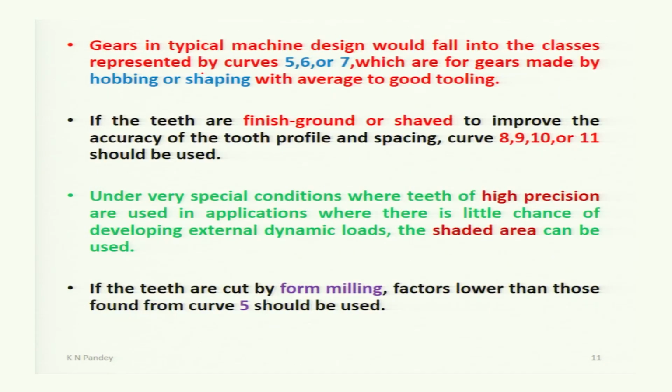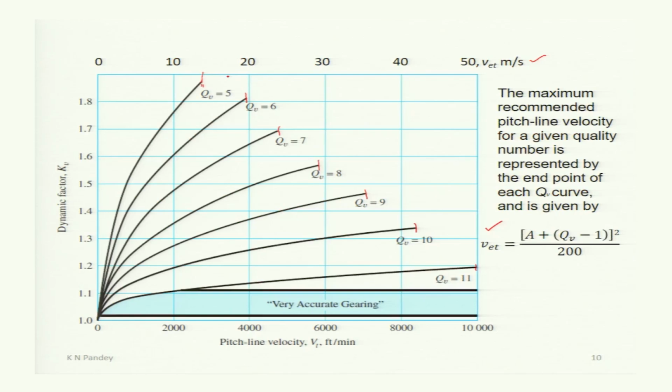Now, gears in typical machine design would fall into the classes represented by curves 5, 6 or 7, which are for gears made by hobbing or shaping with average to good tooling. So, this 5, 6, 7 is for hobbing or shaping.